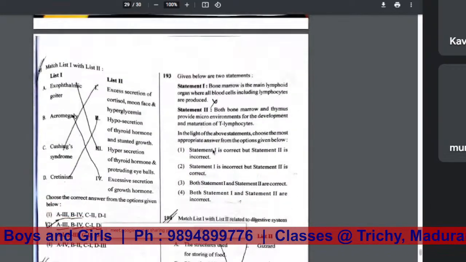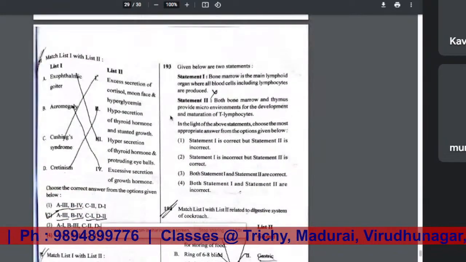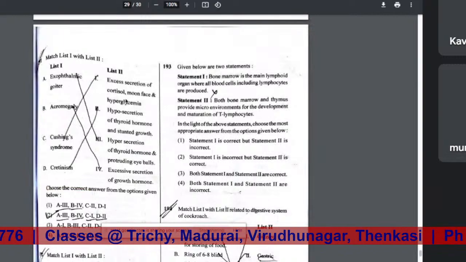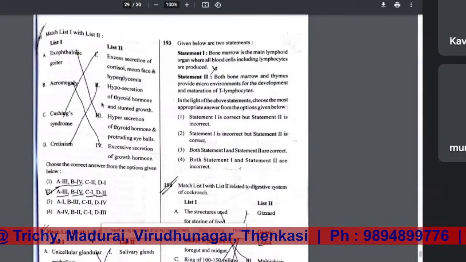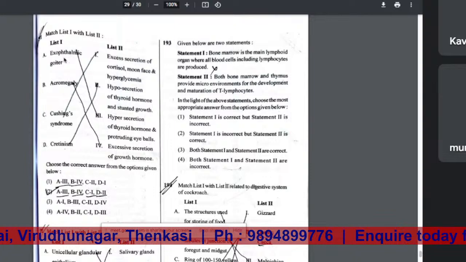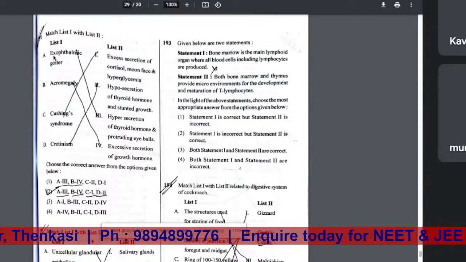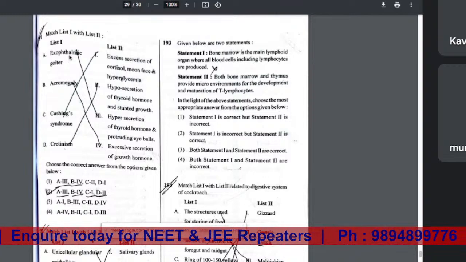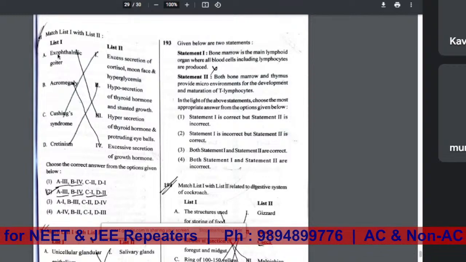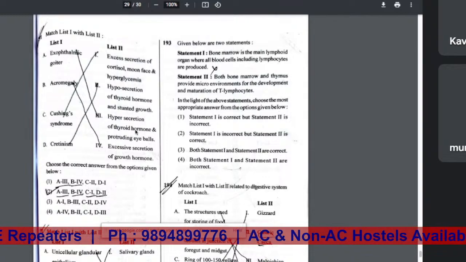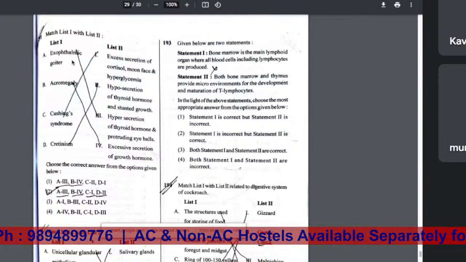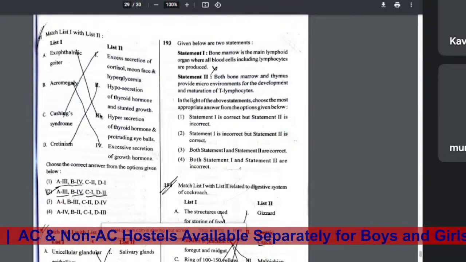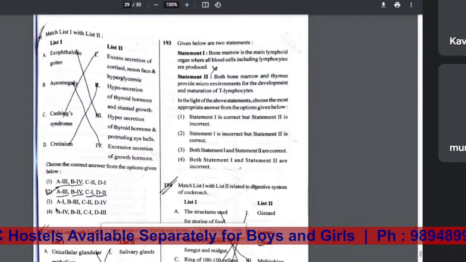Moving on, the 191st question. This is all related to the thyroid gland and the diseases related to the thyroid gland. Exophthalmic goiter: the word exophthalmic, the ophthalmic part, should indicate that it is connected with the eye. A with 3, the protruding eyeballs, is correct. So you can eliminate options 3 and 4.